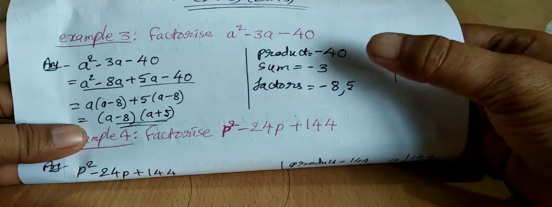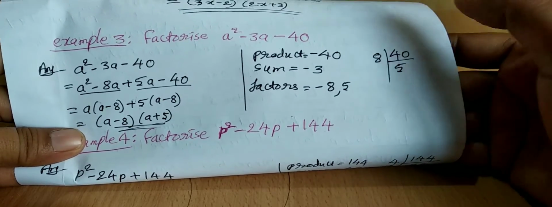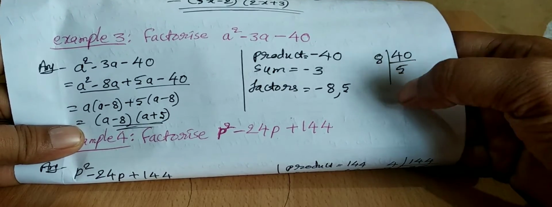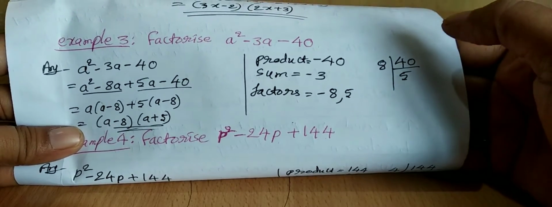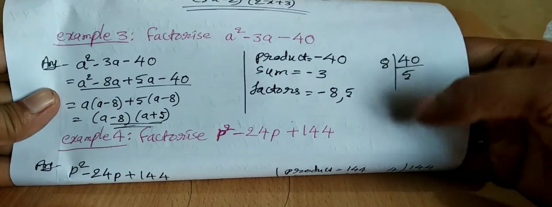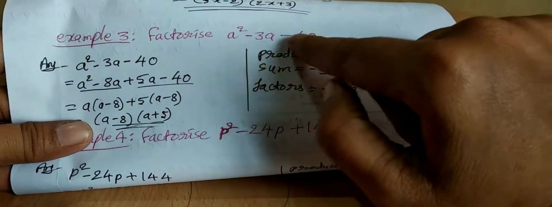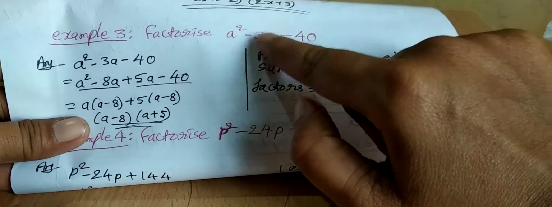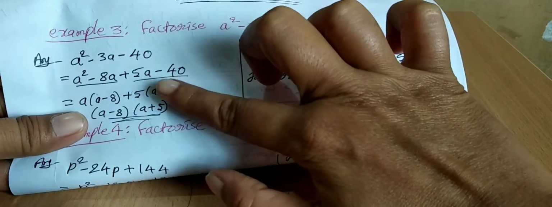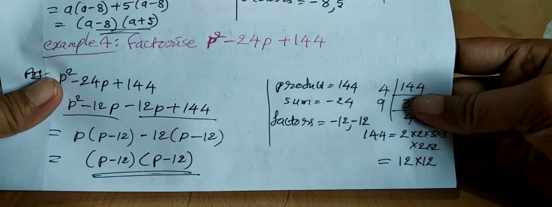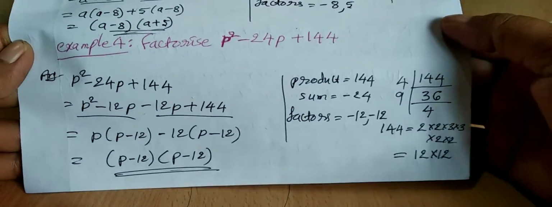We will factorize the product number and choose the factors using the sign convention for sum and product. And we will split the middle term, in the sense the single degree variable term, and we will further proceed with taking out commons and grouping. Let us go to one more example for our better learning.